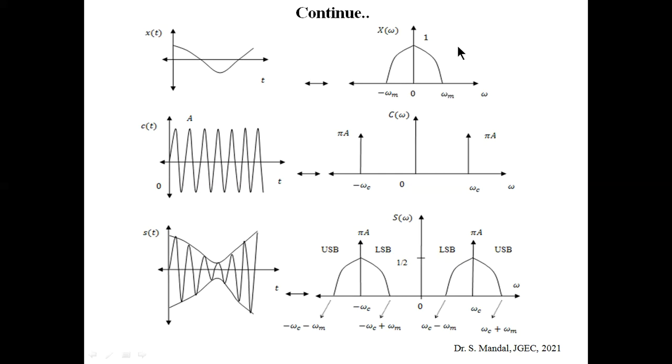That's why the bandwidth of this low pass message signal is ωm. But here, as the spectrum is shifted towards ωc, the total power remains between the two frequencies, ωc plus ωm and ωc minus ωm.